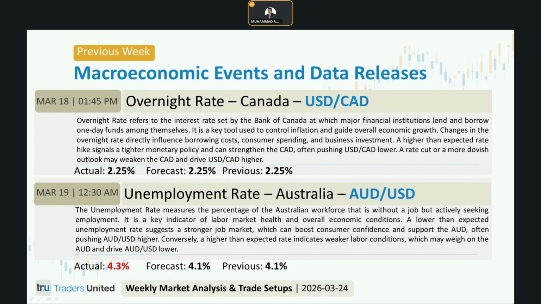Now, the key driver behind the move in the Australian dollar was the unemployment rate being higher than the forecast. The forecast was 4.1%, and the actual unemployment rate we got is 4.3%. The market may have already priced in weak data and possible US dollar weakness supporting the AUD USD currency pair.